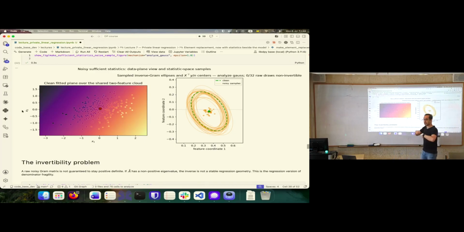Okay? So if I add noise to both x transpose x and x transpose y, I basically get a bunch of different ellipsoids, and each ellipsoid corresponds to a model. Right? So this is what happens if you do this method called analyze gauge.